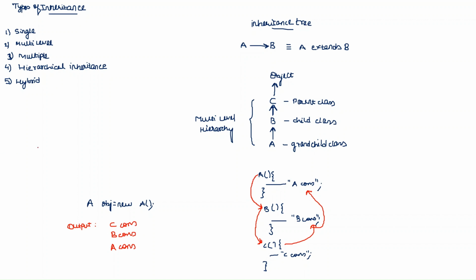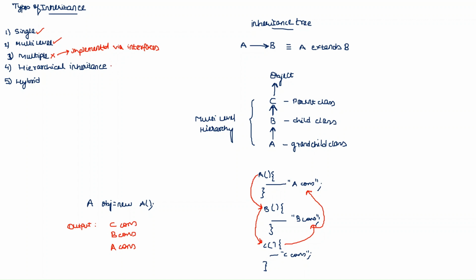Let us talk about other types of inheritance in Java. Single is possible, multi-level is possible, multiple is not possible but is implemented via interfaces. So you can implement a lot of interfaces in the same class. We'll talk about that in the next video.